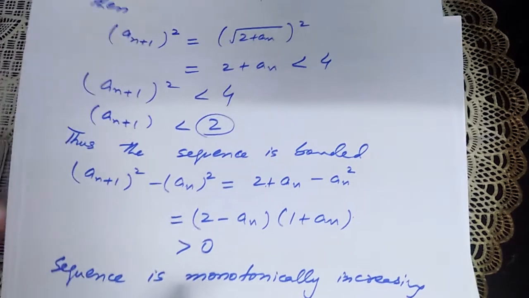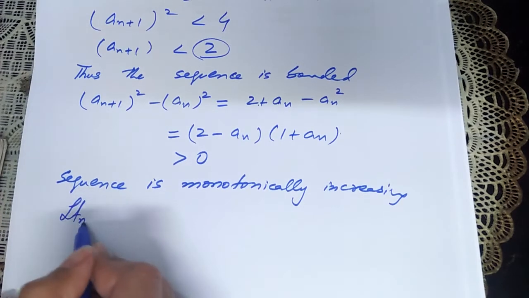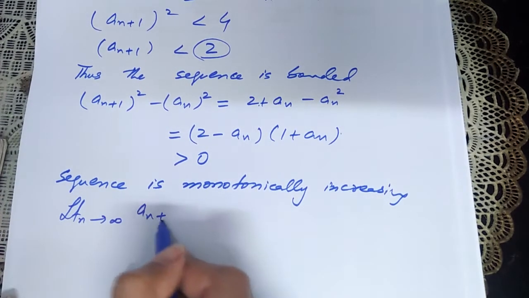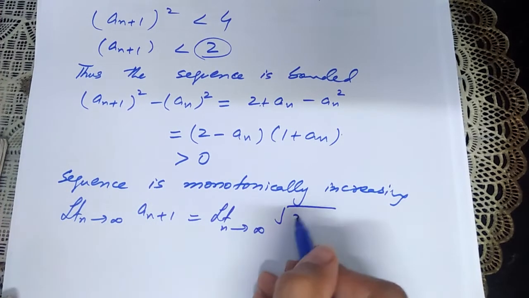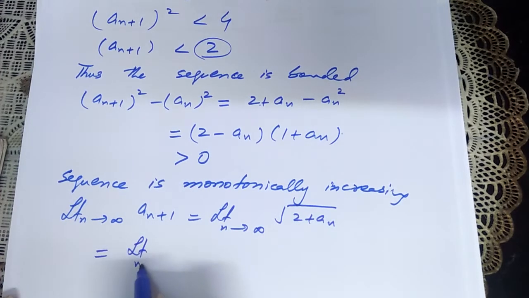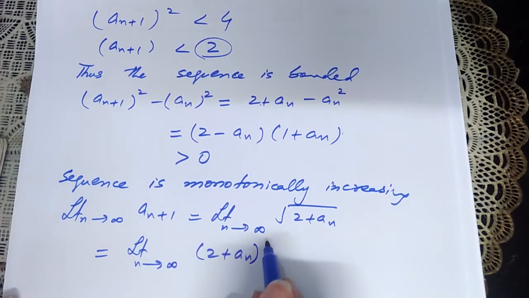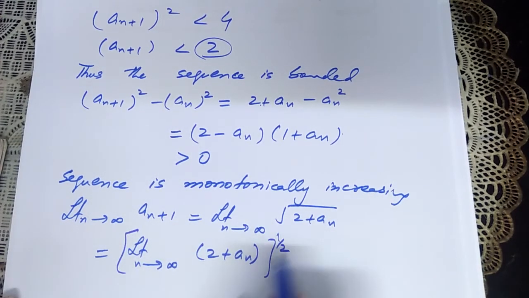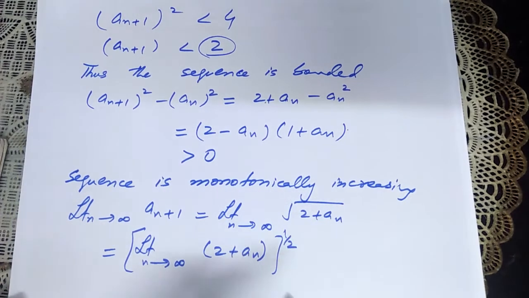Now we need to find out the limit. For that purpose, limit n approaches infinity a(n+1) is equals to limit n approaches infinity under root 2 plus an. I can write it like limit n approaches infinity 2 plus an whole power 1 by 2, because this thing has the power 1 by 2.